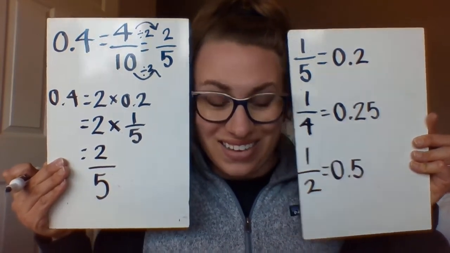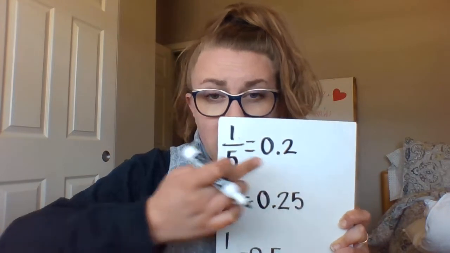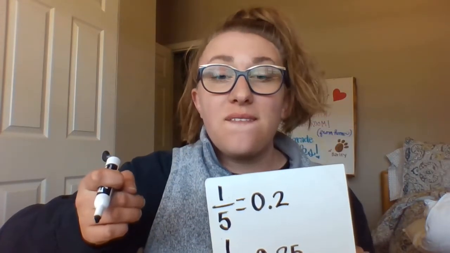All right, let's do another. The next one we're going to do is 0.6. This one is also 6/10. Now, I hope that your wheels are turning already with this one because I know that 6 is a multiple of 2, right? And we just talked about that 0.2 is the same thing as 1/5.